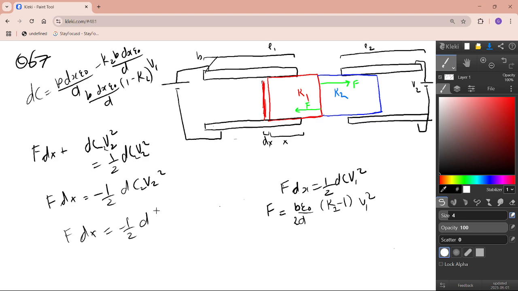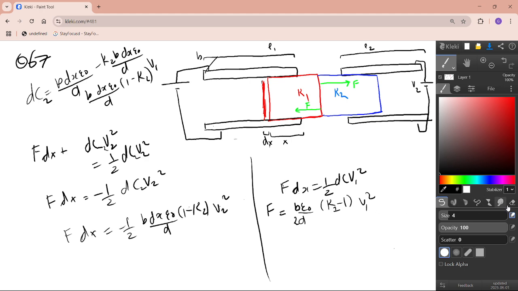Minus half dC2, where dC2 is B dx epsilon naught by d (1 minus K2), times V2 squared.